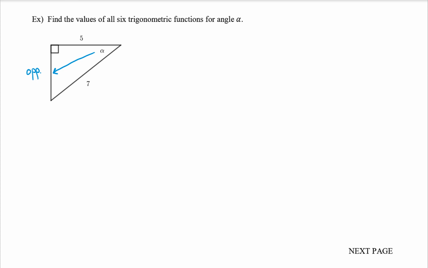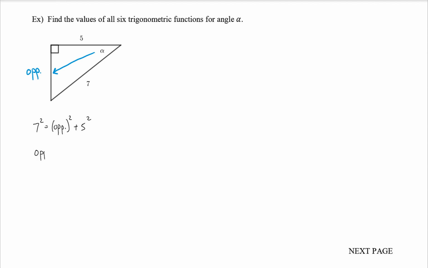Let's do the Pythagorean Theorem to find it. So 7 squared equals, sorry, it's the longest side, 7 squared equals the opposite side length squared plus 5 squared. So 49 minus 25, that'd be what, 24?